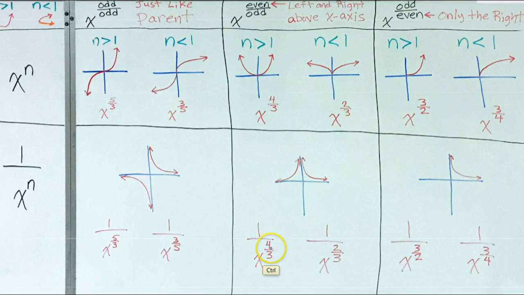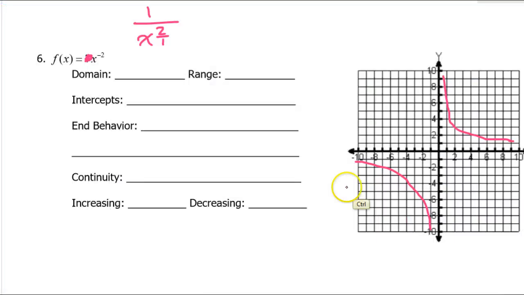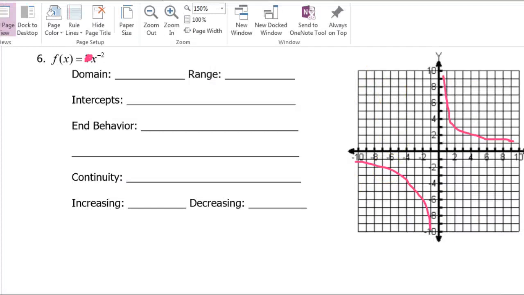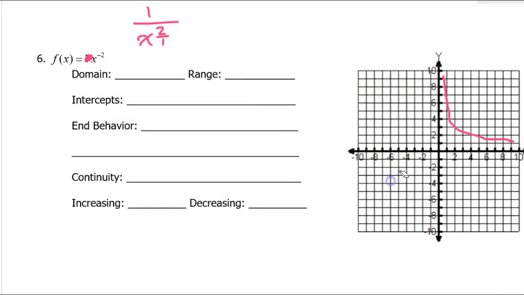So that puts me in this column because it's 1 over x to the n power. It puts me down here. So the picture, either way, looks like this. So I need to modify this because of the limitation of even numbers in the exponent. So the graph is going to look like this.